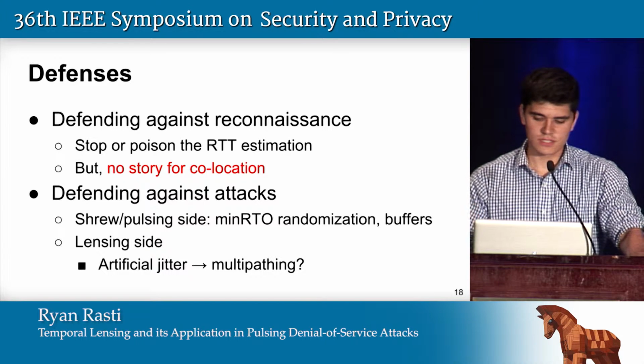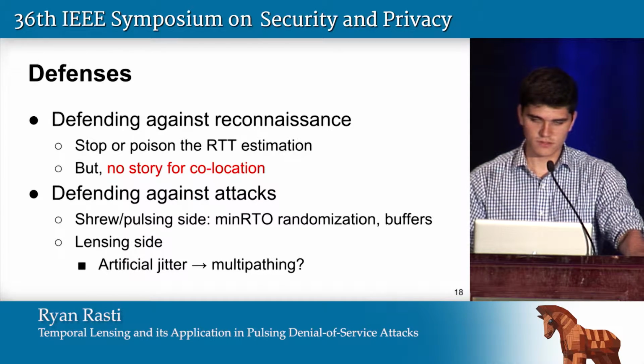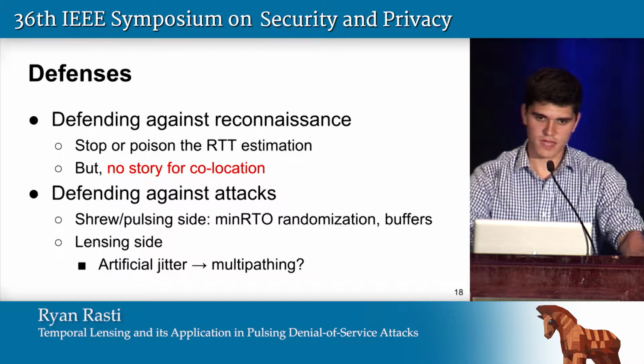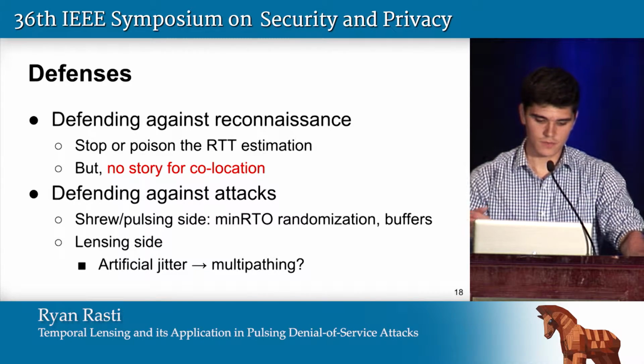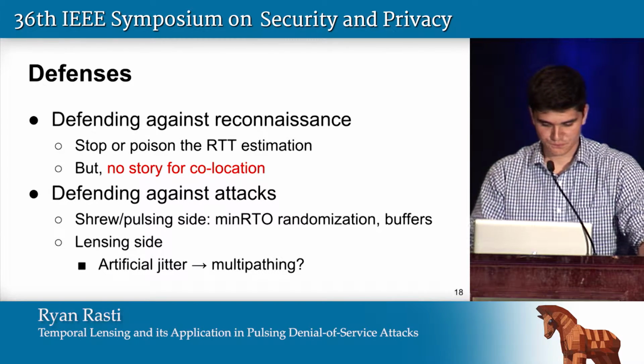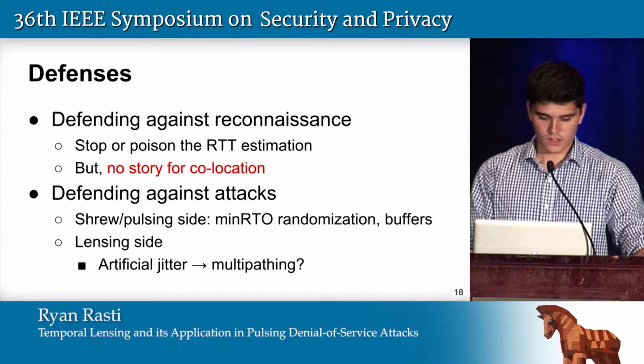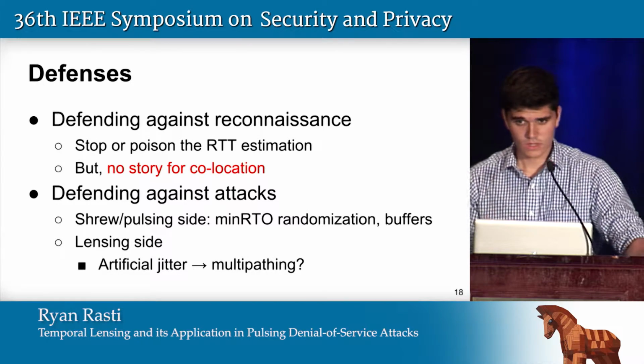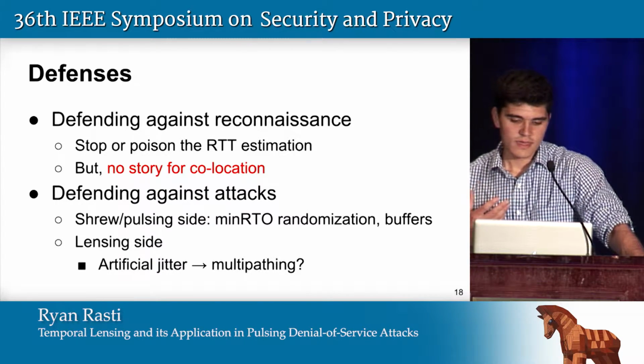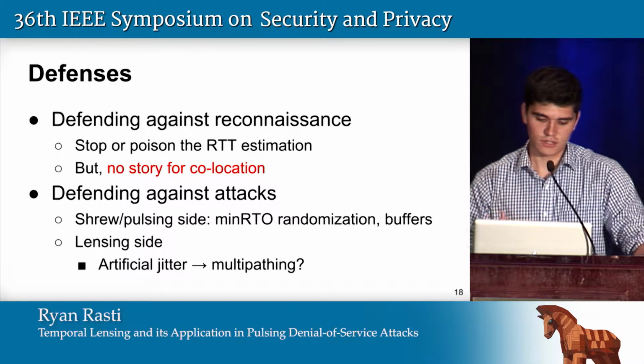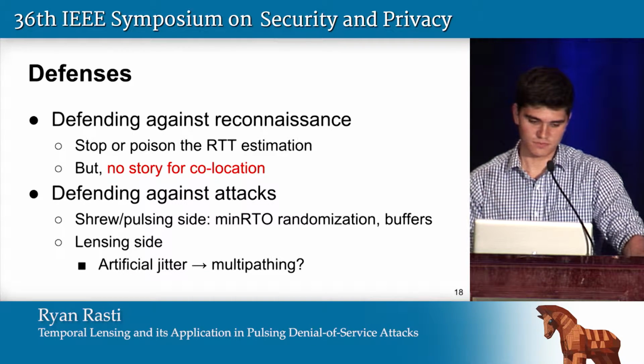That's obviously a no-go for regular traffic, but we do note that multipathing has a very similar property here, where it's almost as if we're adding artificial jitter if the attack traffic takes these different paths.